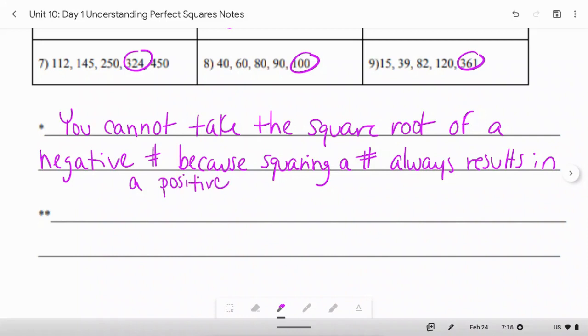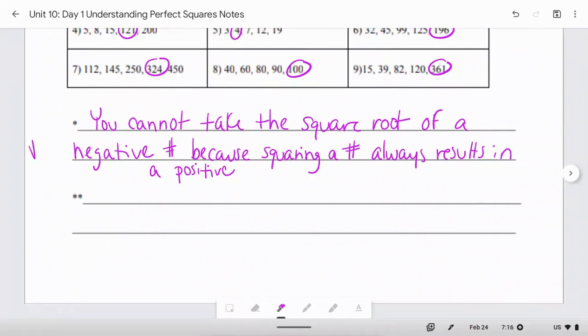So if a question asks you to take the square root of negative 25, this would be no real solution or no real answer, because there's no way for me to take a number and multiply it by itself to get negative 25. So it's just not possible.